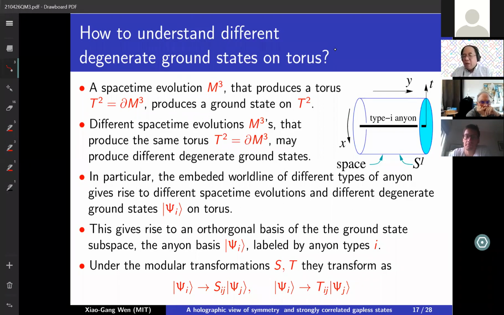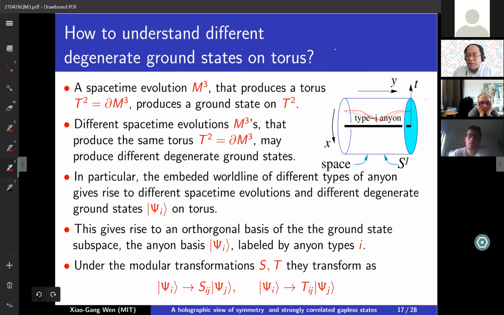However, we can consider another time evolution: we insert a world line for an anyon, some topological excitation, in the process. We create a pair of anyons, then move them all the way around the universe, and then annihilate them. The anyon never comes to the surface.